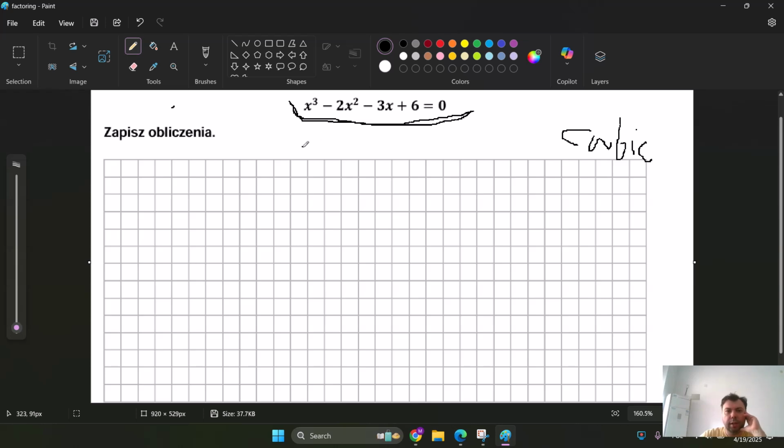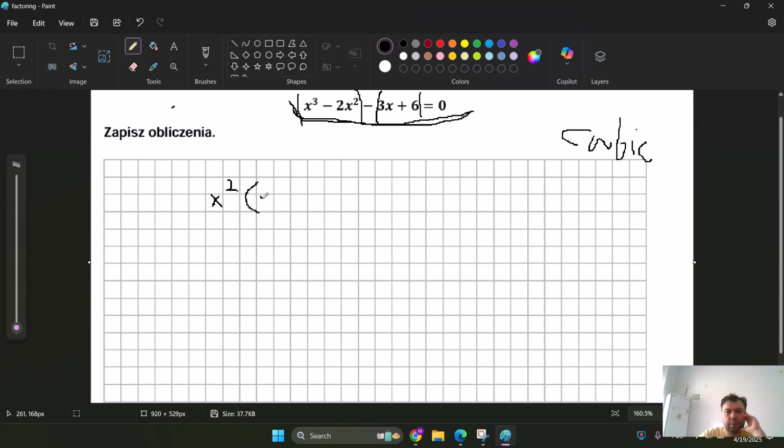Okay, so how to approach this? We need to divide this into two parts. We can write brackets here. So we'll factor out what we can before the bracket. In this case, x to the power of 3 minus 2x to the power of 2, we can factor out x squared.